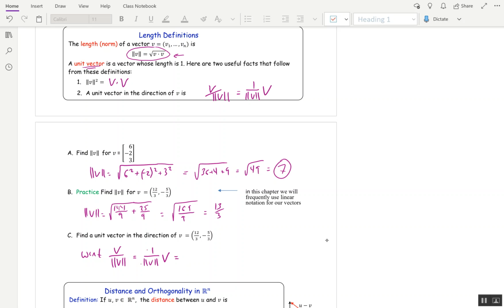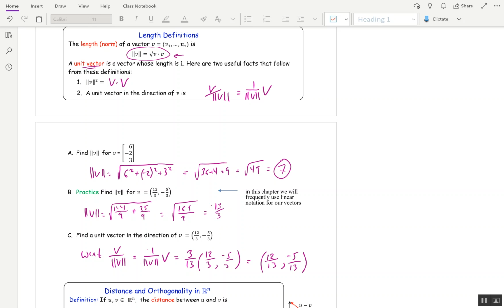So 1 over 13 over 3 is 3 over 13. And now multiply by v, 12 thirds, negative 5 thirds. And I get 12 over 13, comma, negative 5 over 13.